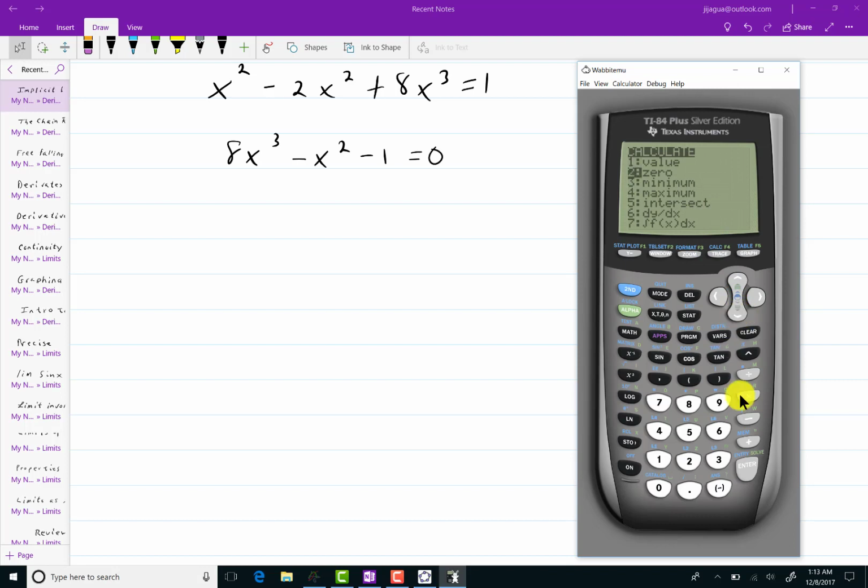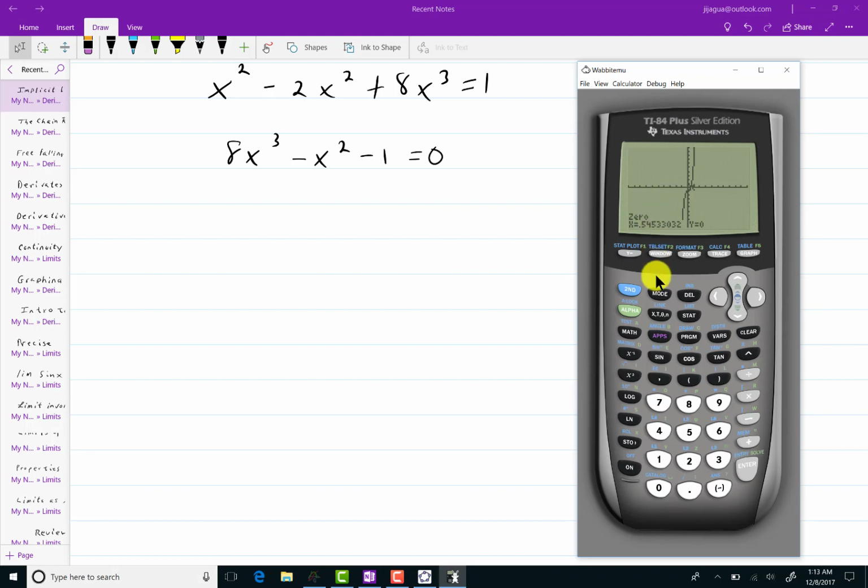Hit 2 for zero. If you remember, when you want to estimate these things, go to the left of where the zero is, because it wants a left bound. Then move the cursor to the right of the zero. Hit enter there, and then go somewhere in between, a guess it calls it. The closer you get, the faster we'll do it.